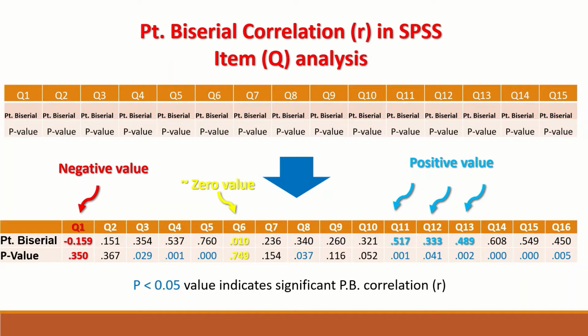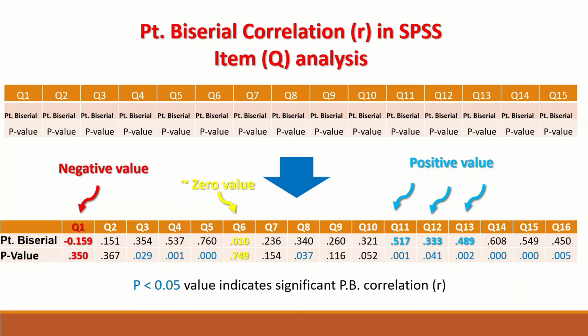Number 10 is a good question, and 11, 12, 13 I have described. Number 14 is a very good question. Number 15 is a very good question, and for number 16 I have the data, but it wasn't included in the tables. Number 16 is a very good question as the p-value is less than 0.05.